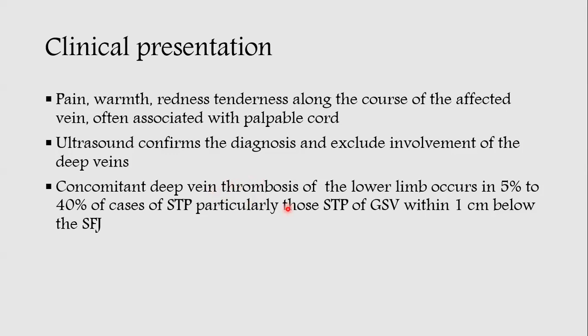Concomitant deep vein thrombosis of the lower limb occurs in 5% to 40% of cases of superficial thrombophlebitis, particularly if this superficial thrombophlebitis involves the great saphenous vein within 1 centimeter below the saphenofemoral junction.